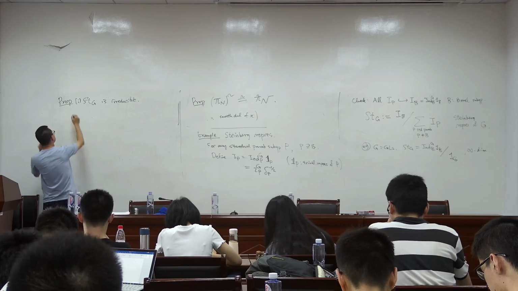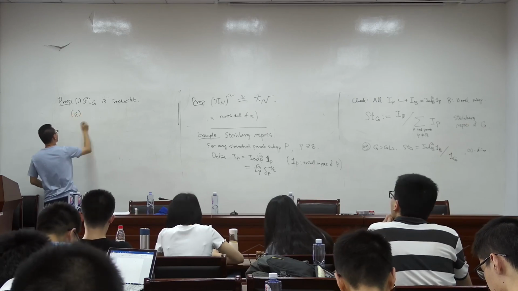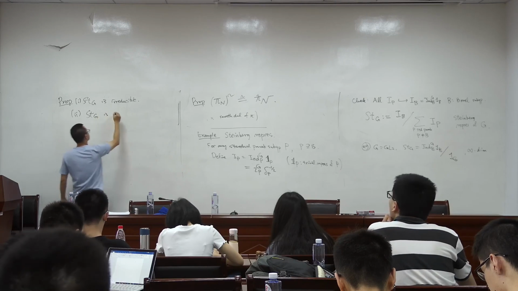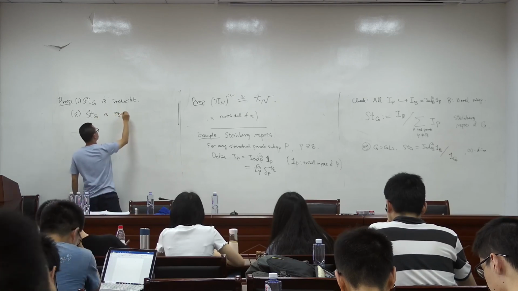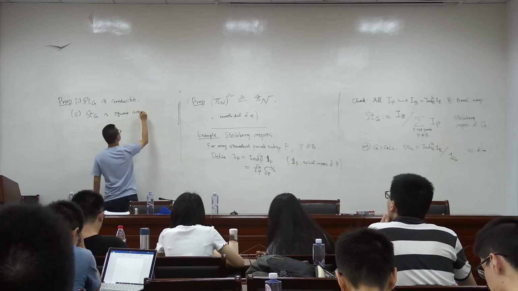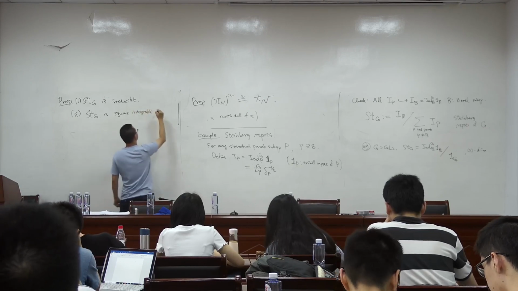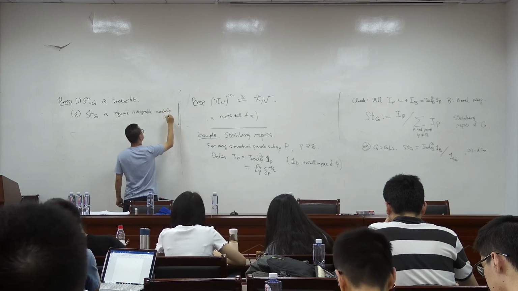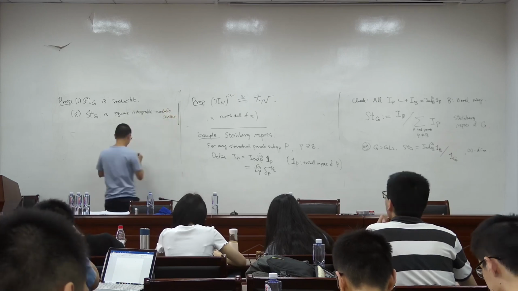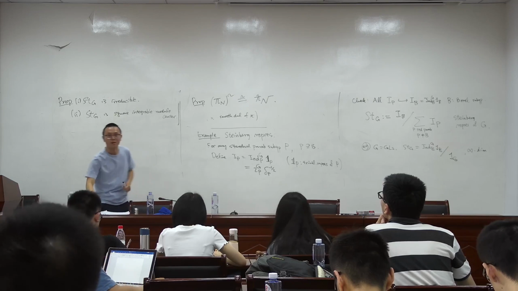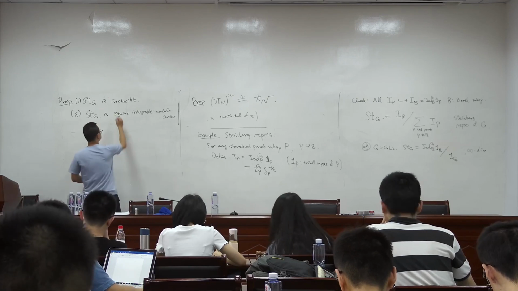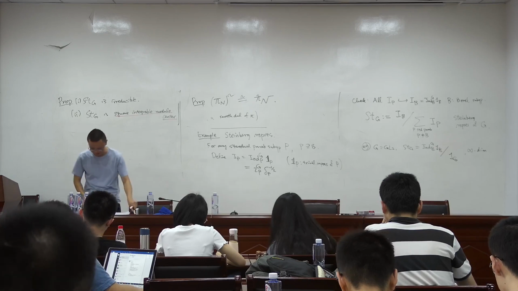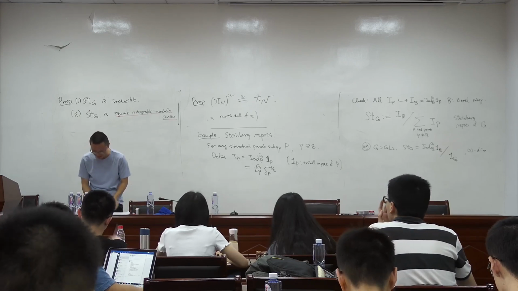This is irreducible, and another property of the Steinberg representation is that it is square integrable modulo center. And for the remaining time, I'll explain what this means. Square integrable mod center.